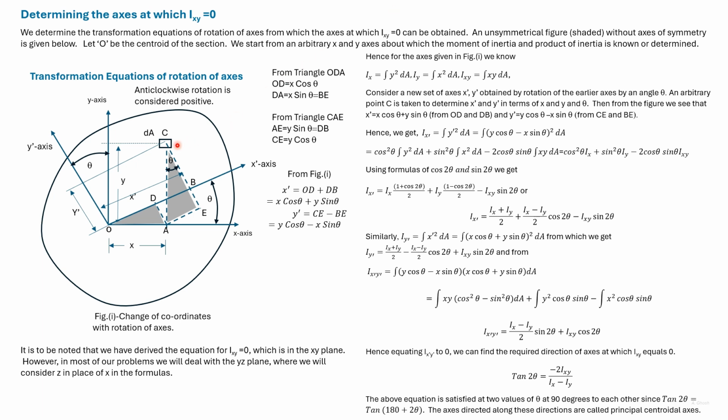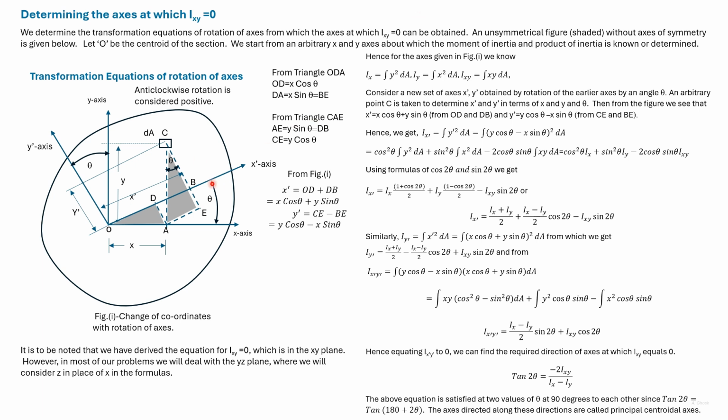Consider an element at the point C. It is at a distance x and y when we consider the initial xy axis. It is at a distance x dash and y dash when we consider the x dash y dash axis.